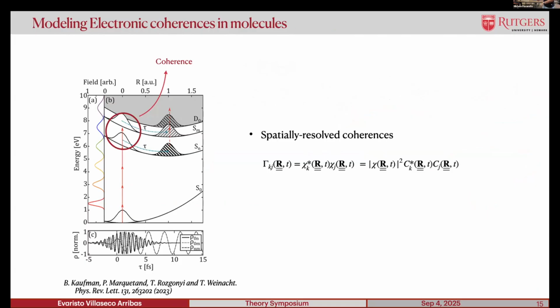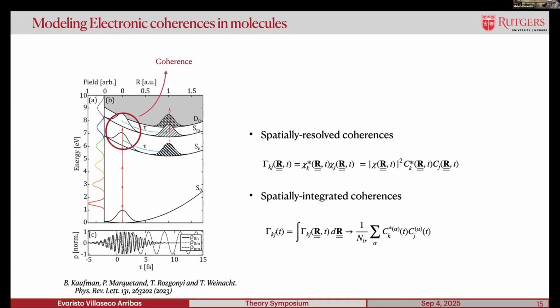Sorry, I don't want to go that fast. The wave packets can be related to the coefficients that represent the time-dependent electronic wave function through the density. So you can always map one to another. And the spatially integrated coherence, if we want to go to a trajectory-based picture, we represent it like that. All we do is say, okay, our density here is a sum of delta functions at the position of the trajectories.